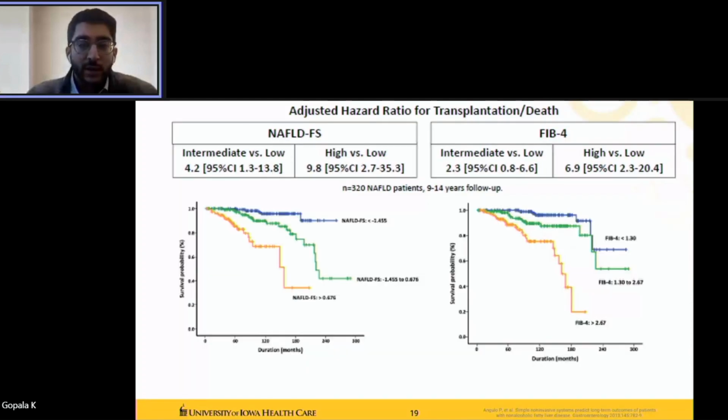So how are these scores in terms of long-term correlation? There was a study that showed the hazard ratio for transplantation and death over a long period of time. And you can see the scores correspond with survival probability over a long period of time. So based on their risk factors, you can see that it does correlate.